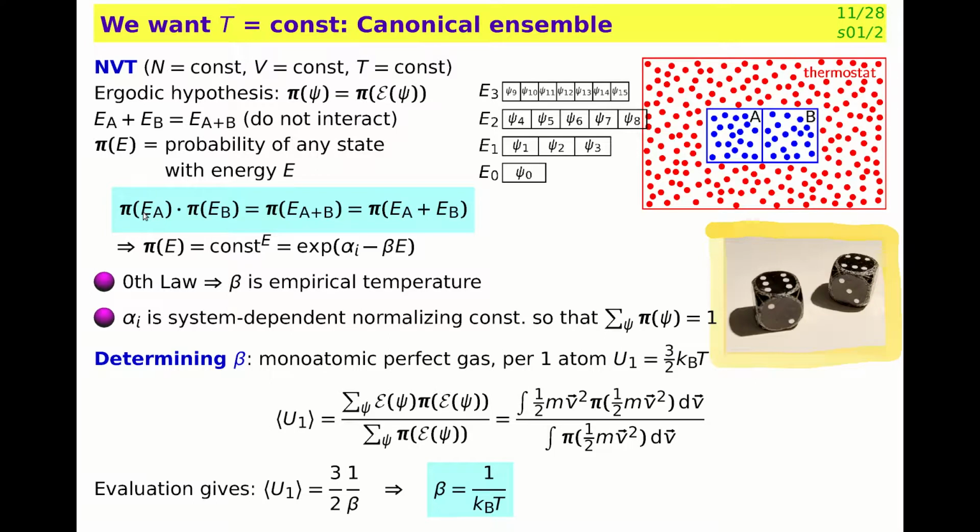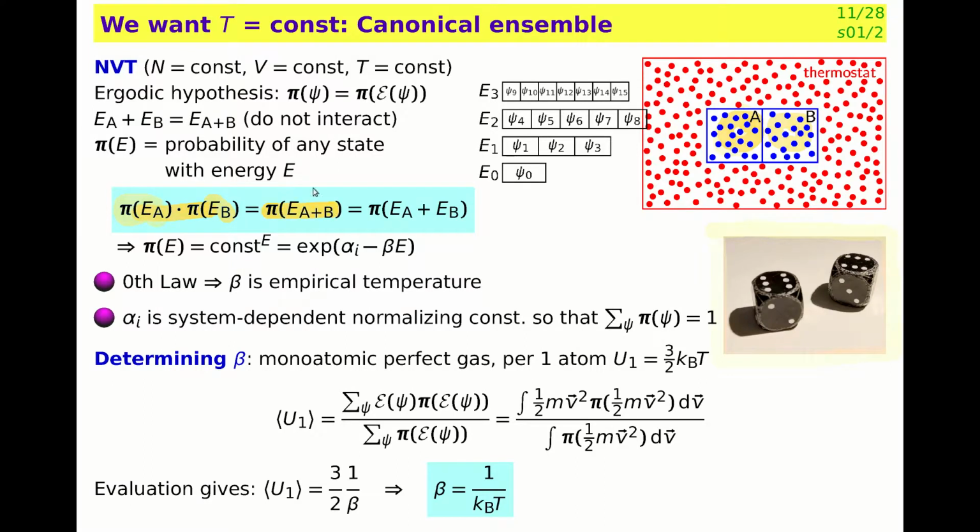Let the probability that I find system A in one microstate with energy level EA be this. And if I at the same time find system B at energy level EB, the probability that I find A with a state with energy EA and B with a state with energy EB is a product of these.